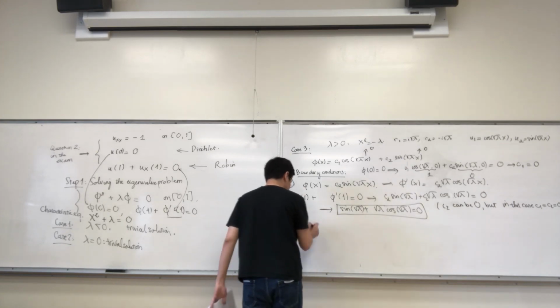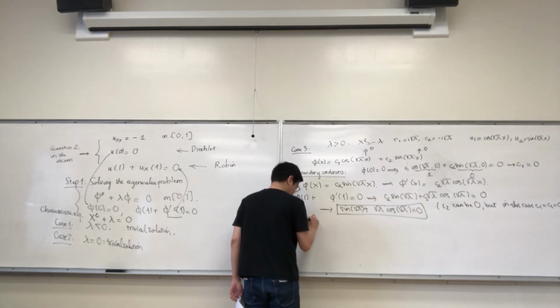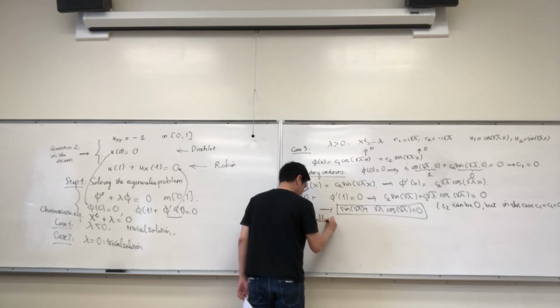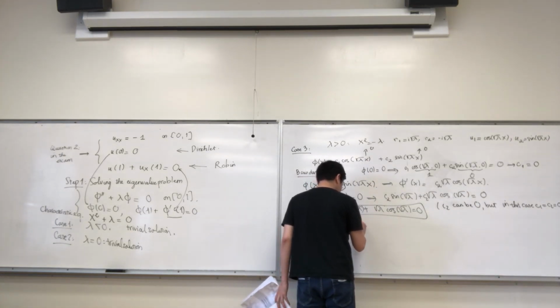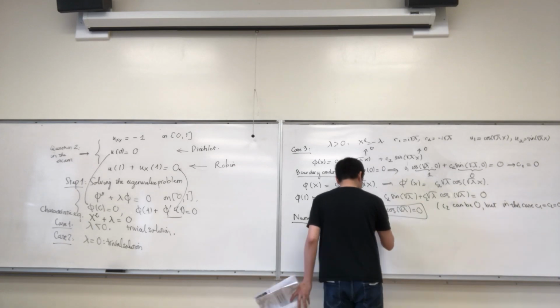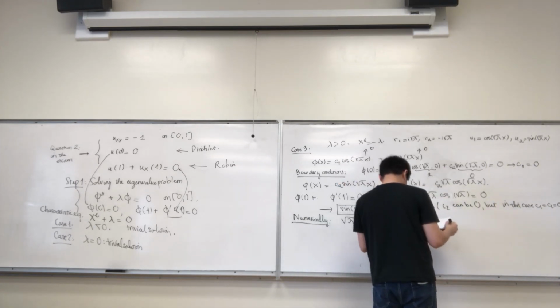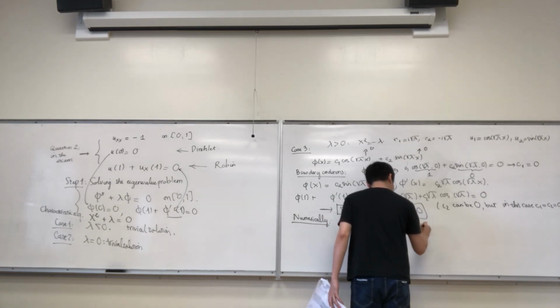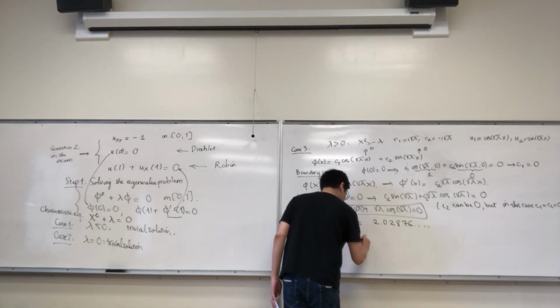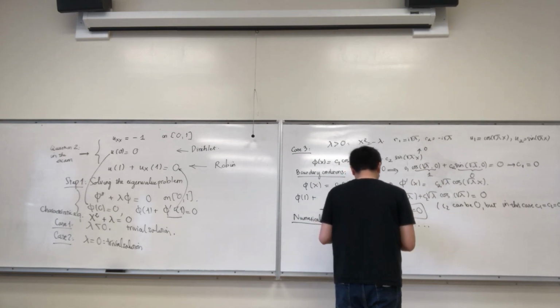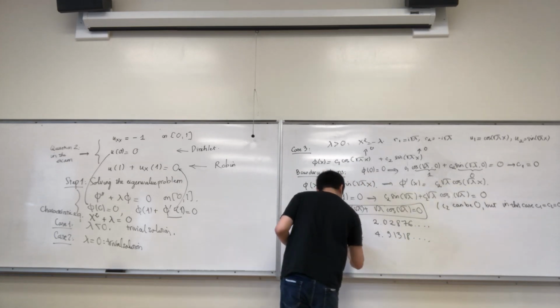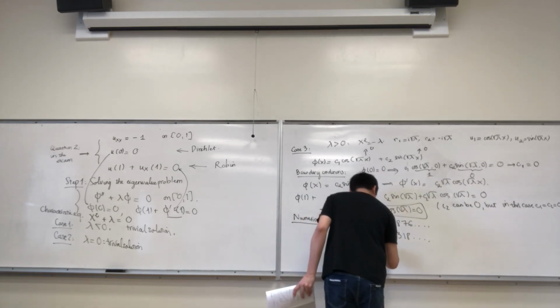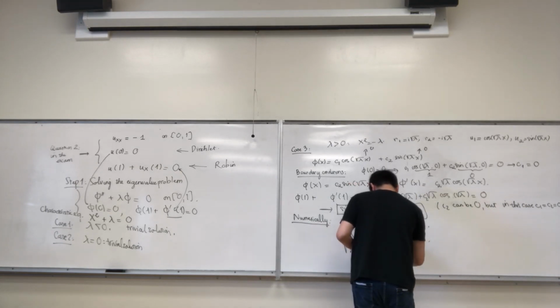For instance, you have numerically, you can compute square root of lambda 1 to be 2.0287, square root of lambda 2 will be 4.9131, etc. Square root of lambda 3 is 7.9787.